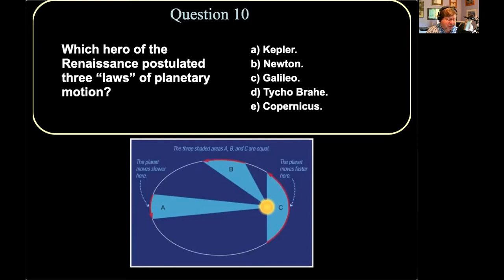Okay, 5, 4, 3, 2, 1. So of course, the answer is Kepler, because we just covered that.